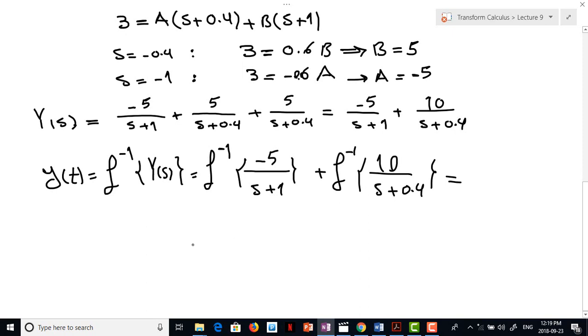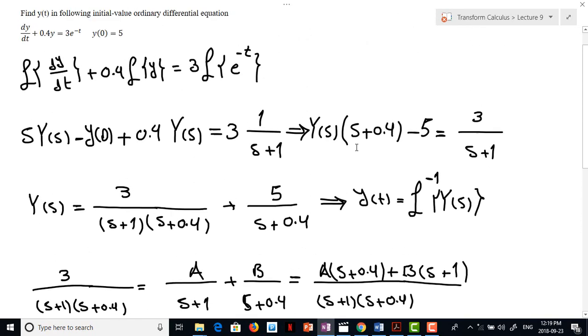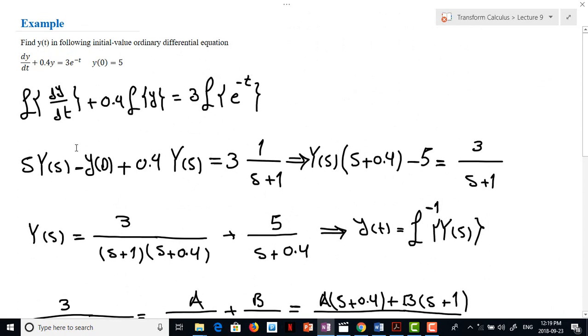The Laplace inverse of minus 5 over s plus 1 is minus 5 e to the power of minus t, plus the Laplace inverse of 10 over s plus 0.4, which is 10 e to the power of minus 0.4 t. So we could find y(t), the solution of this problem.